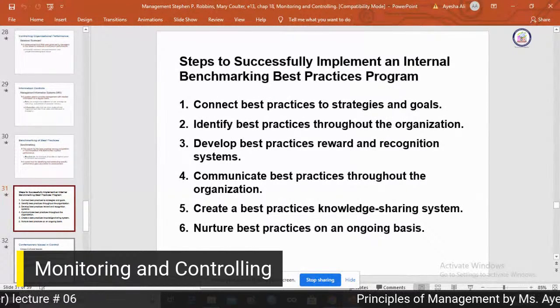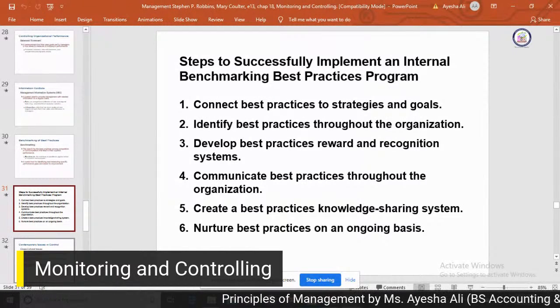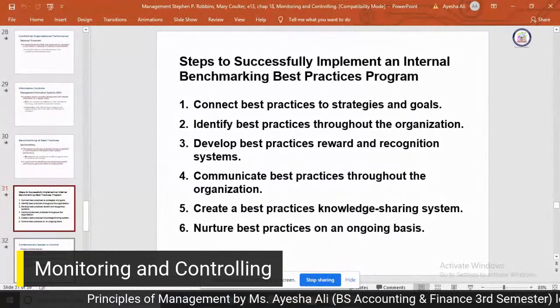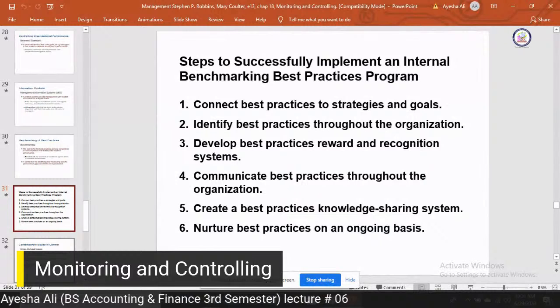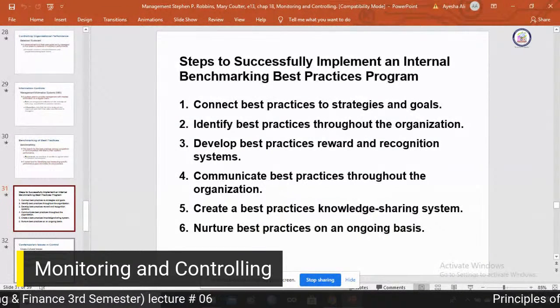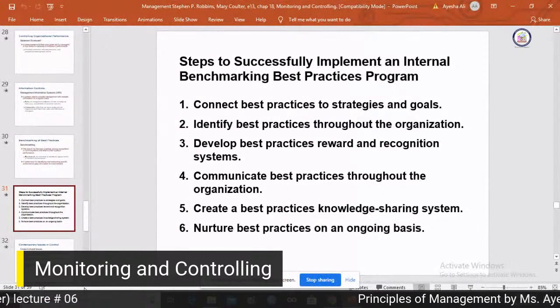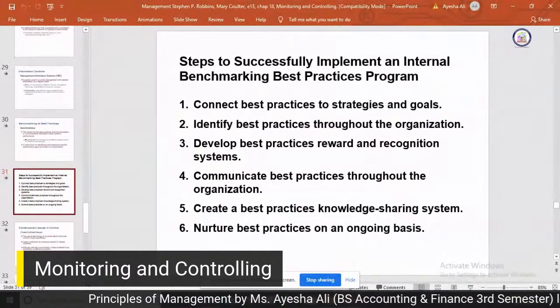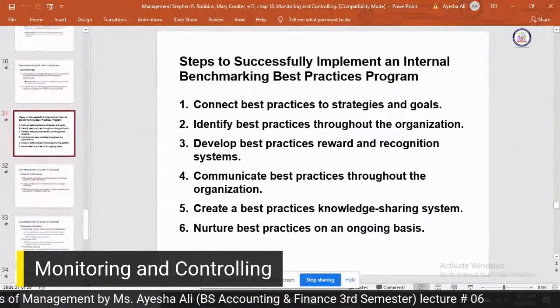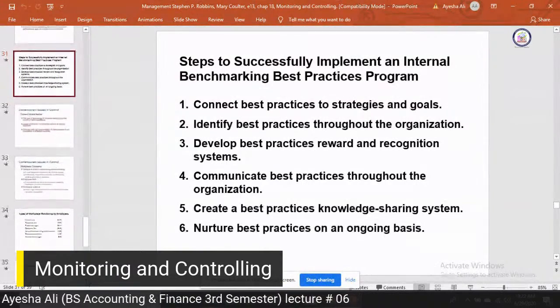Nurture best practices on an ongoing basis. So on a day-to-day, routine basis, we have to nurture them, because if we put them in our routine, we are able to achieve our benchmark, or we will develop.